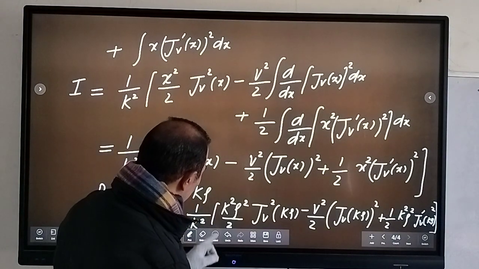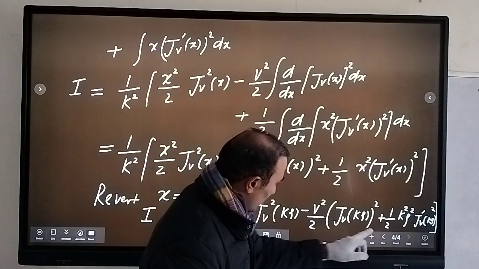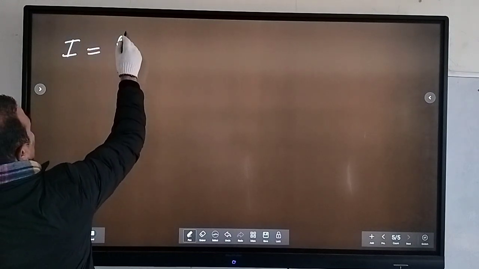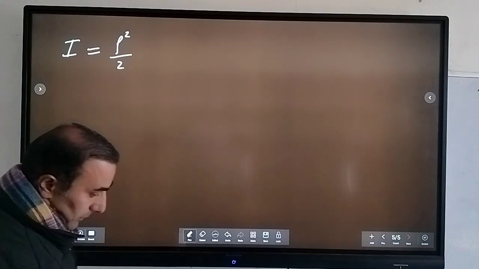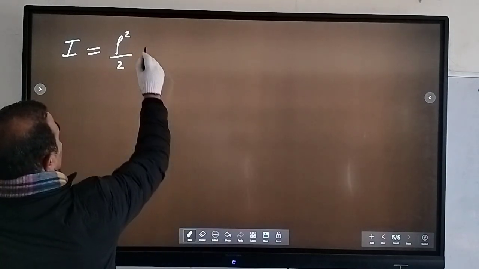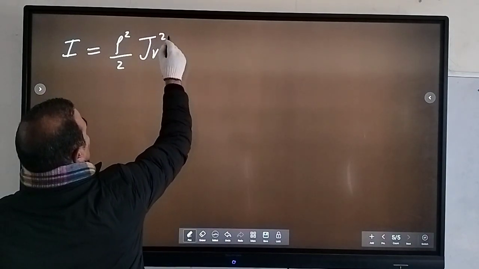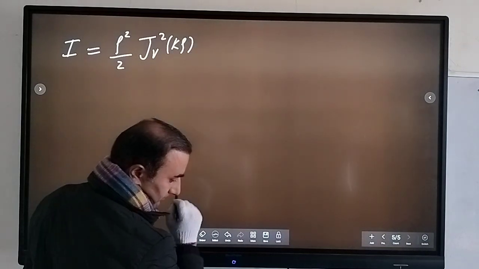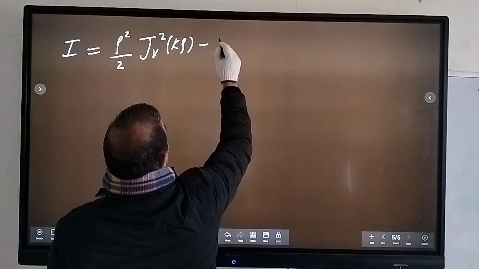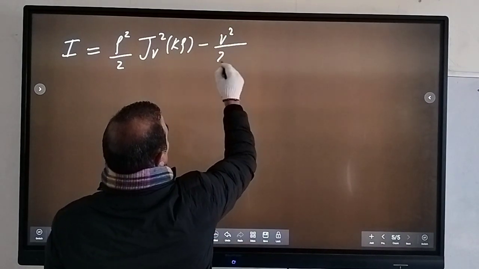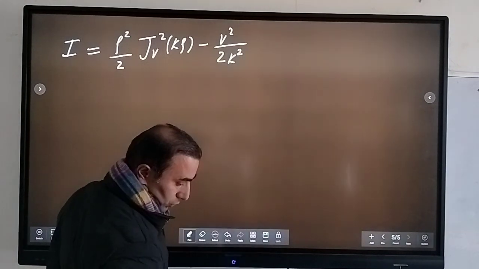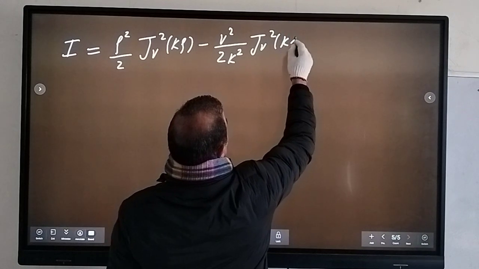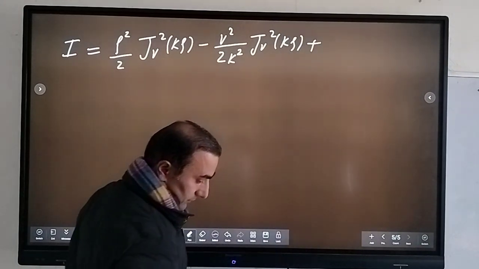Or you can further evaluate because this k square will cancel here. So you can write that that's equal to rho square by 2. K square plus that.